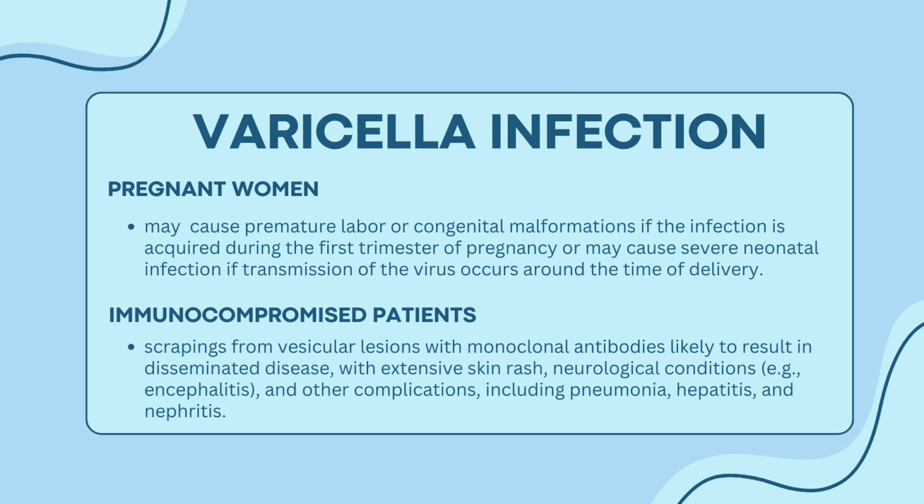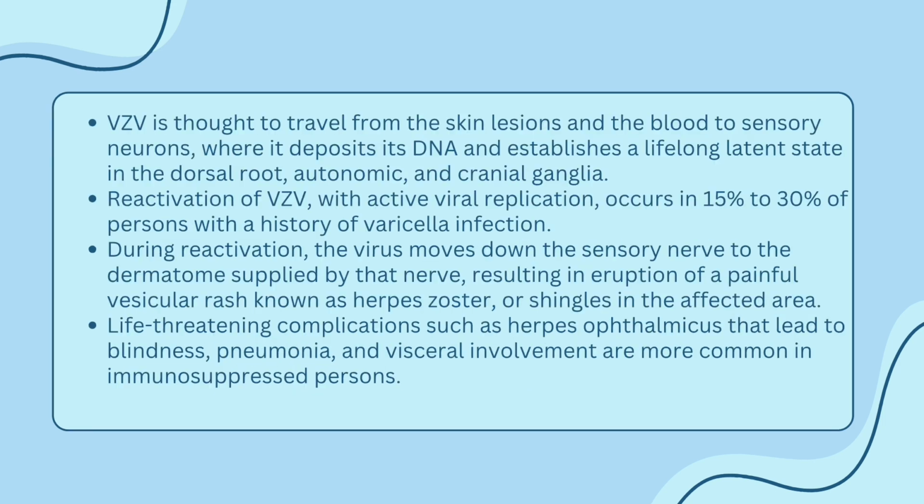For immunocompromised patients, it may result in disseminated disease with intense skin rash, neurological conditions, for example encephalitis, and other complications including pneumonia, hepatitis, and nephritis.